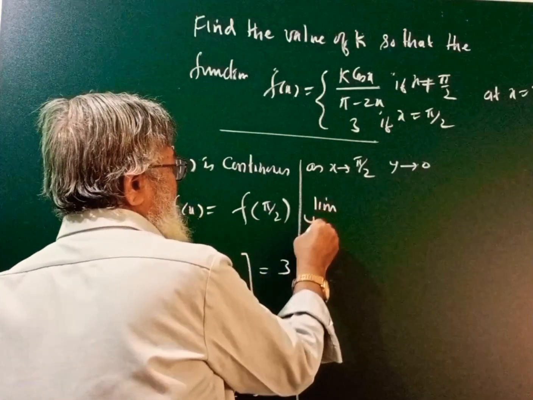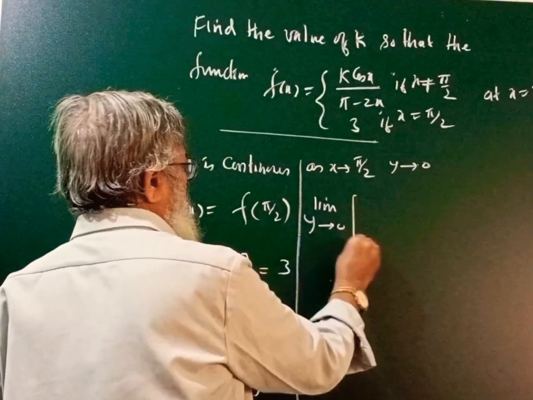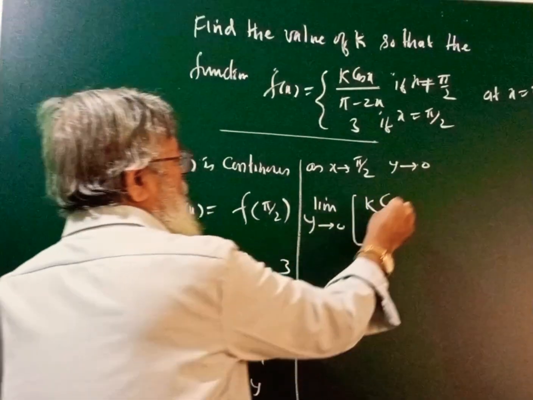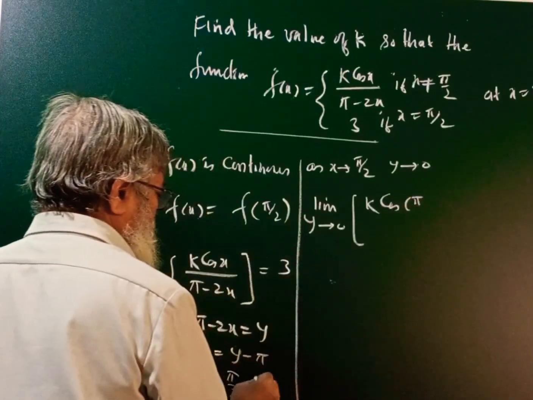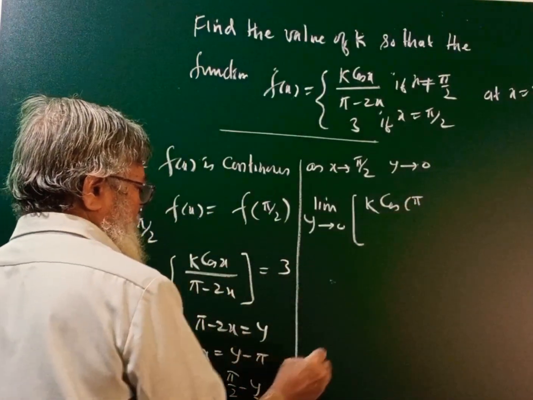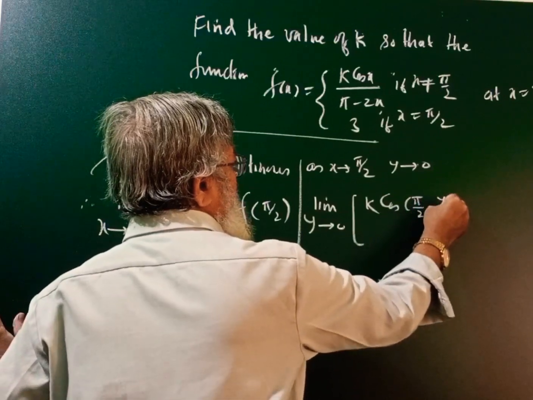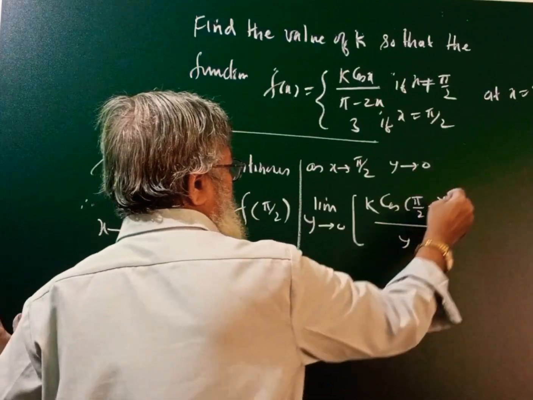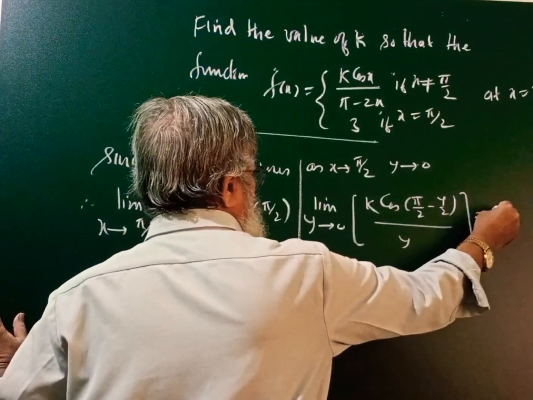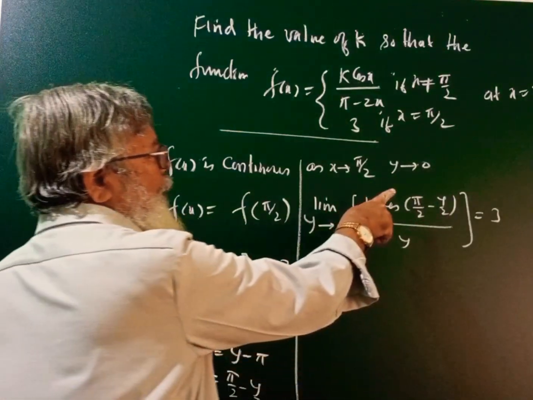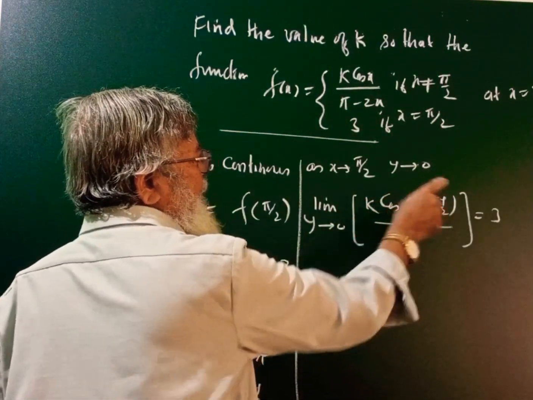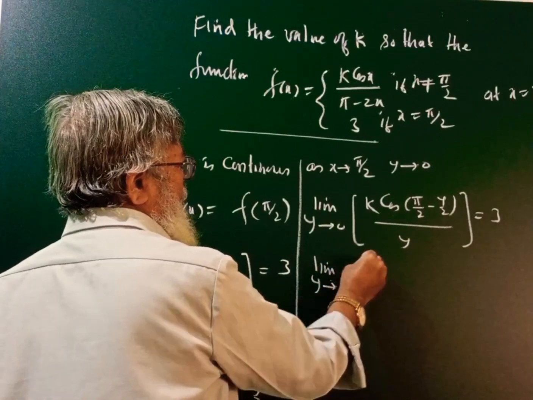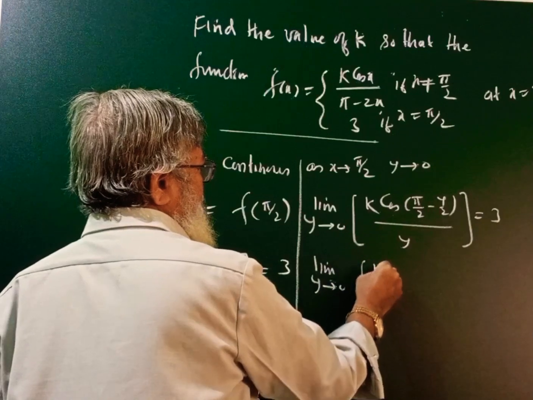So then we write limit y tends to 0, k into cos of x, where x is equal to pi by 2 minus y by 2, divided by y, which is equal to 3. Now we apply the formula of cos of 90 minus theta, which is sin theta.